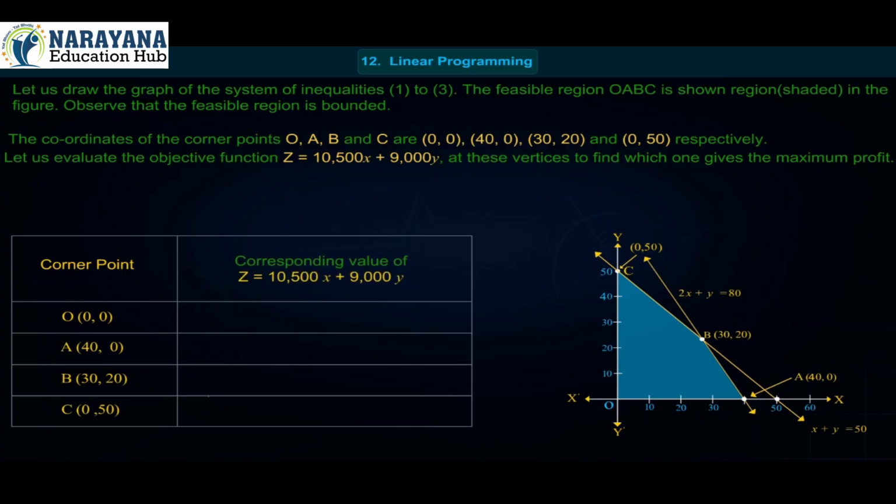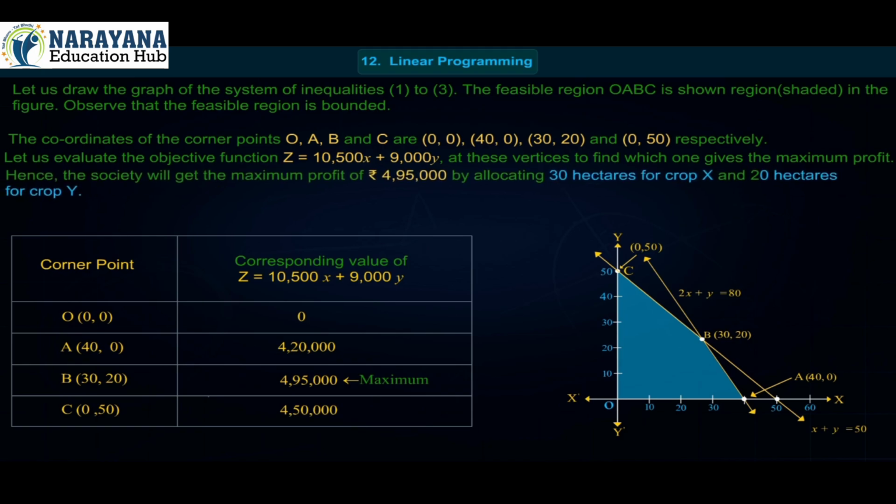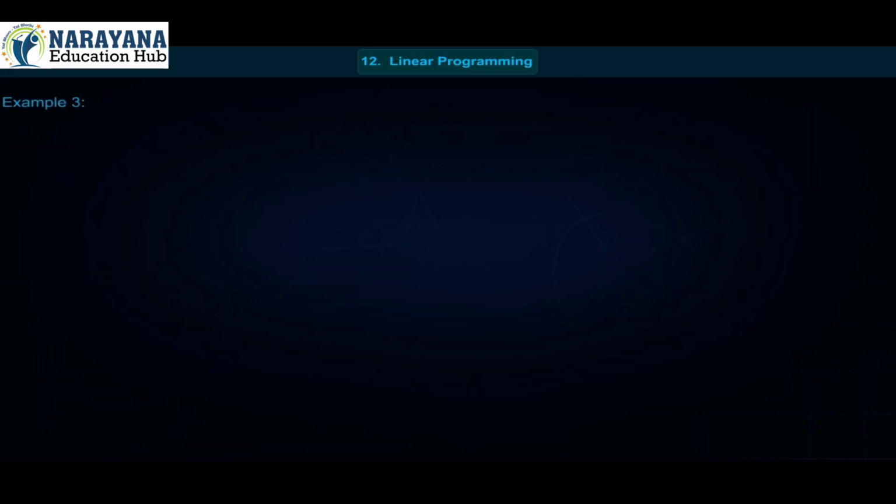Corresponding value of Z equal to 10,500x plus 9,000y: 0, 4,20,000, 4,95,000 (maximum), 4,50,000. Hence, the society will get the maximum profit of rupees 4,95,000 by allocating 30 hectares for crop X and 20 hectares for crop Y.